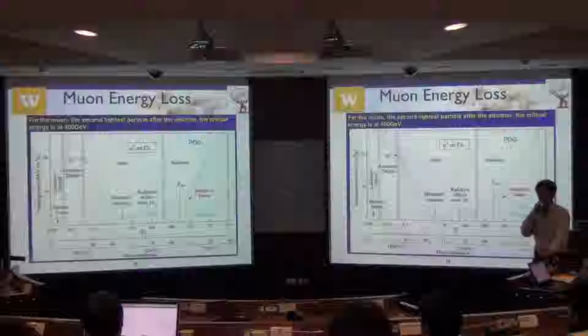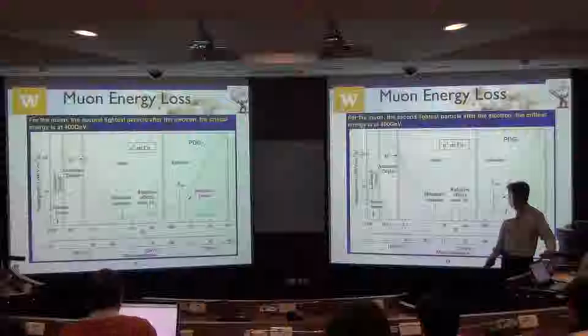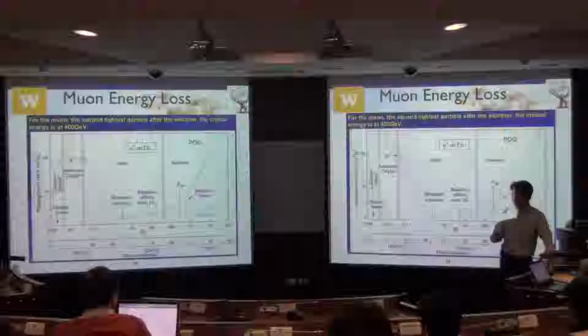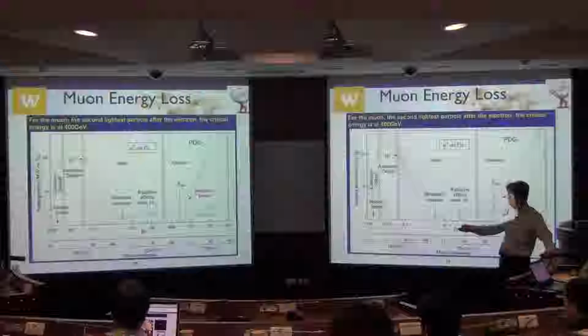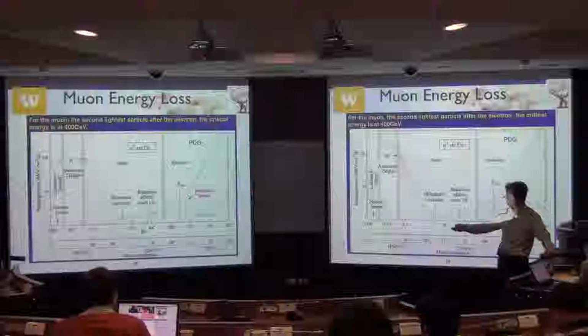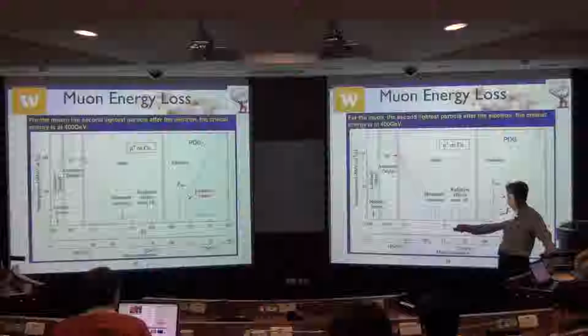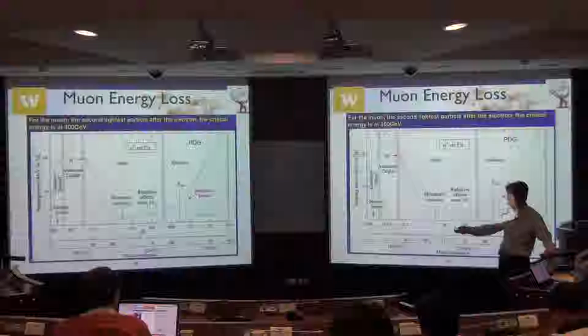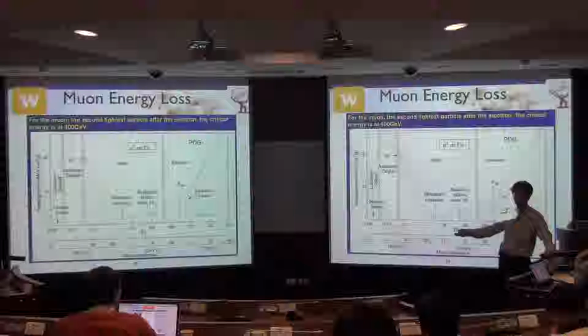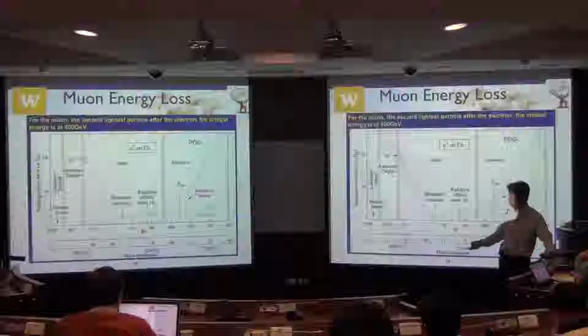And how about muon? This is the plot of how a muon loses its energy as a function of different velocity, beta, and if you translate to the momentum of the muon, you can see the scale here.